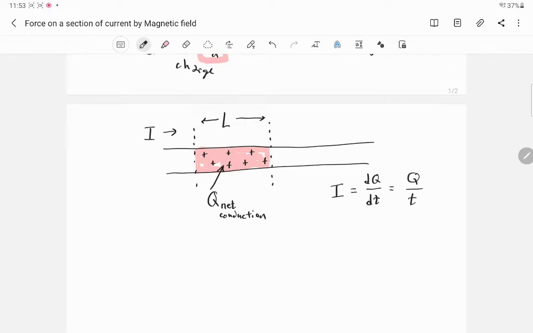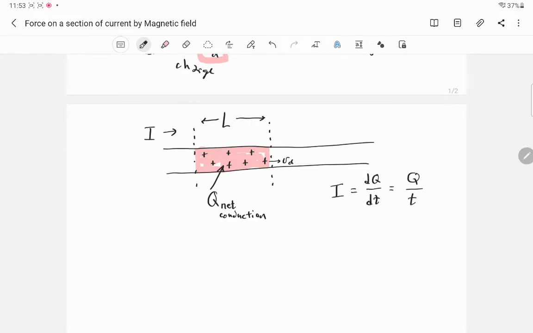So if each of the charges is moving at the drift velocity, then what I can say is if I start a stopwatch, right? I start a stopwatch when this charge crosses this threshold.